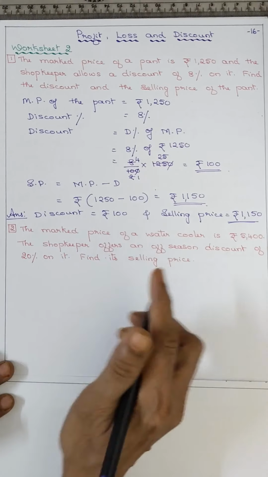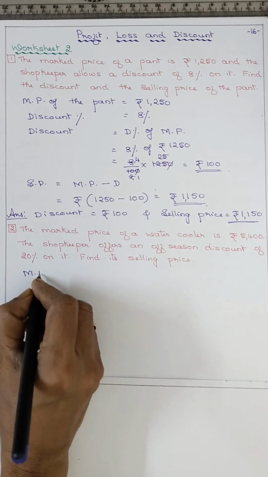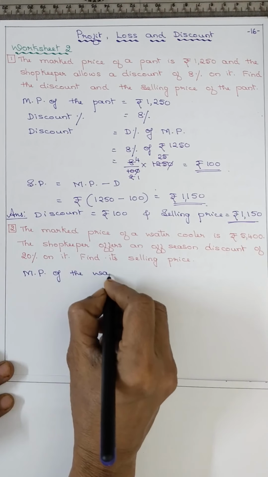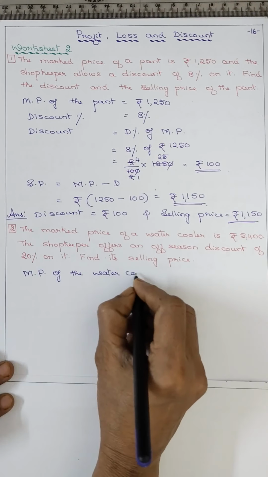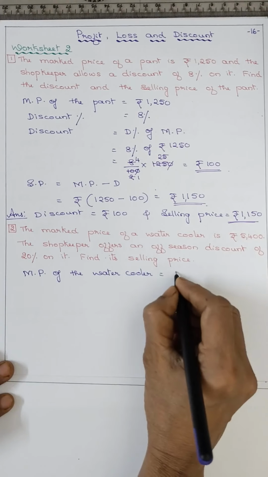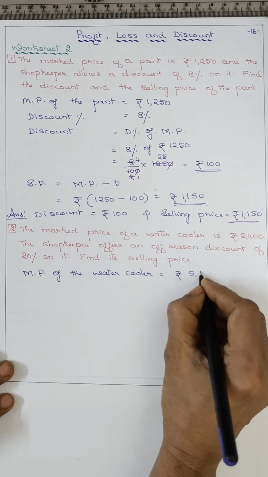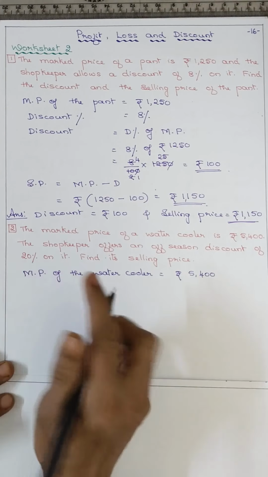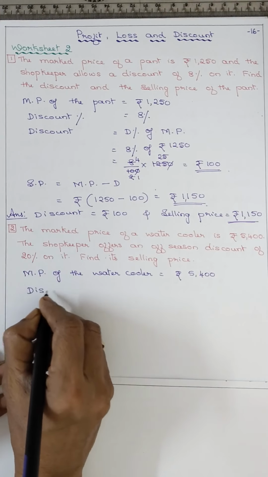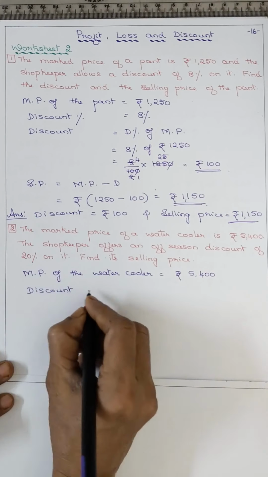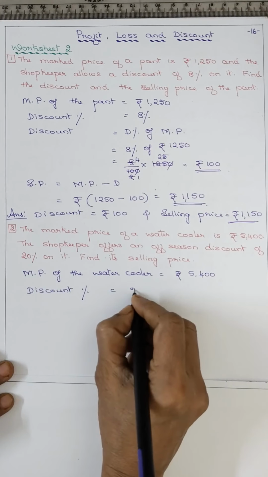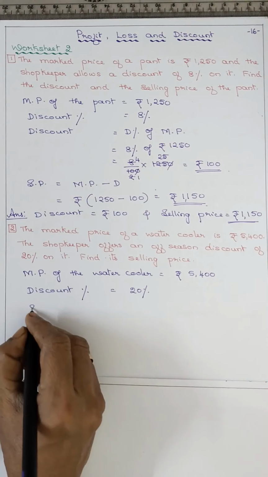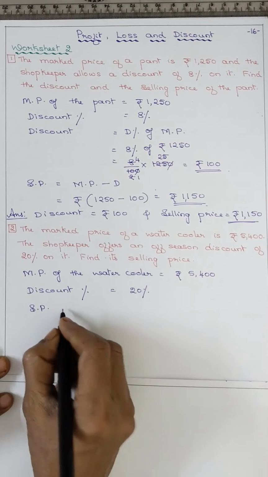Marked price of the water cooler means MP of the water cooler is equal to rupees 5400. Now what they are given? Discount percent. Discount percent is equal to 20%. Now they have asked you to find out SP.